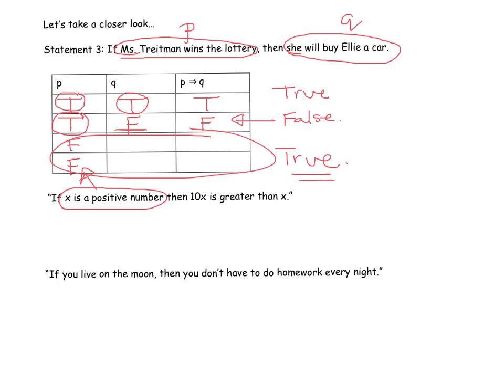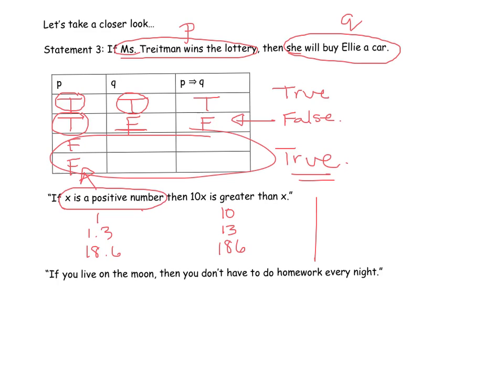So I might try 1, I might try 1.3, I might try 18.6, some random positive numbers. If I multiply them by 10, do I get a number greater than x? Well, 10, 13, 186. Looks like this holds true, but notice that I had to meet the hypothesis first.